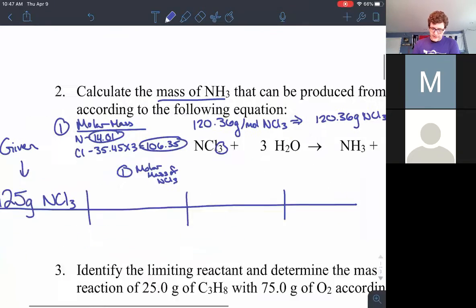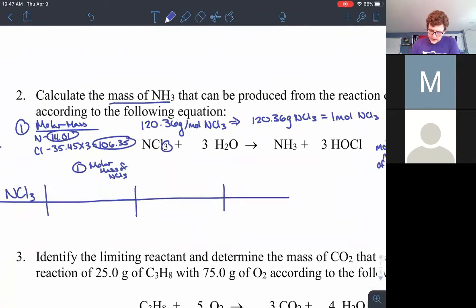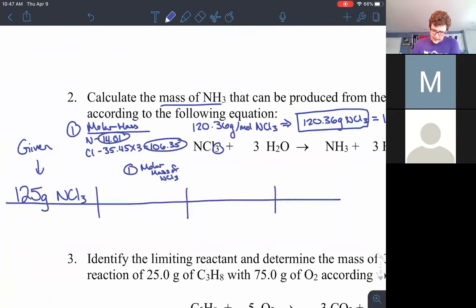All right. So now we have to put our molar mass into our problem. So where do I put my 120.36? On the bottom, because we want those units of grams of NCl3 to cancel.